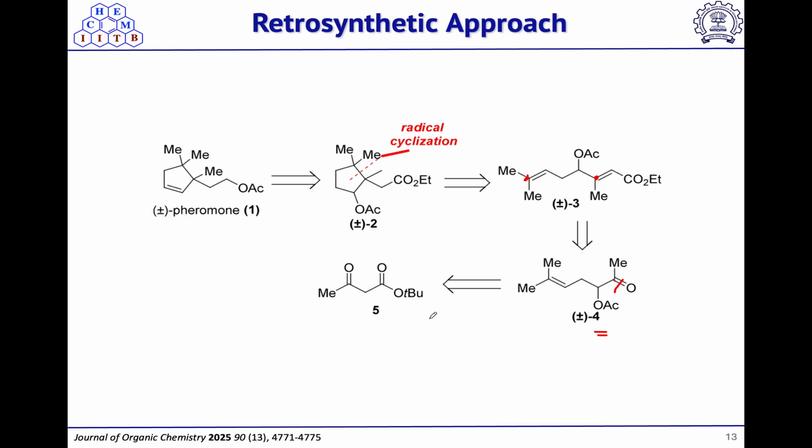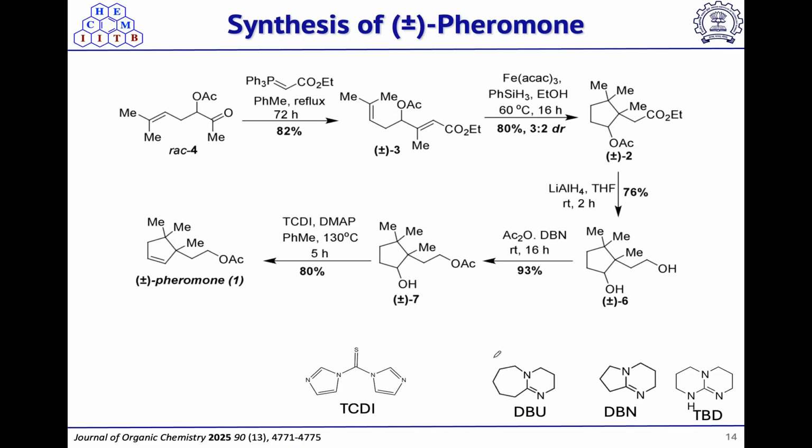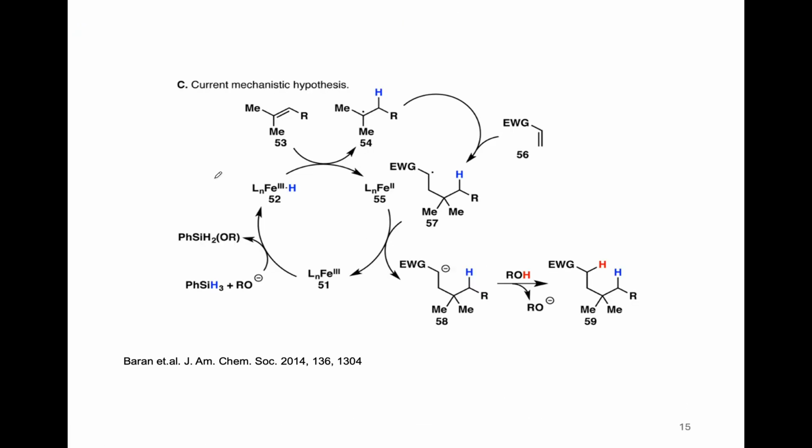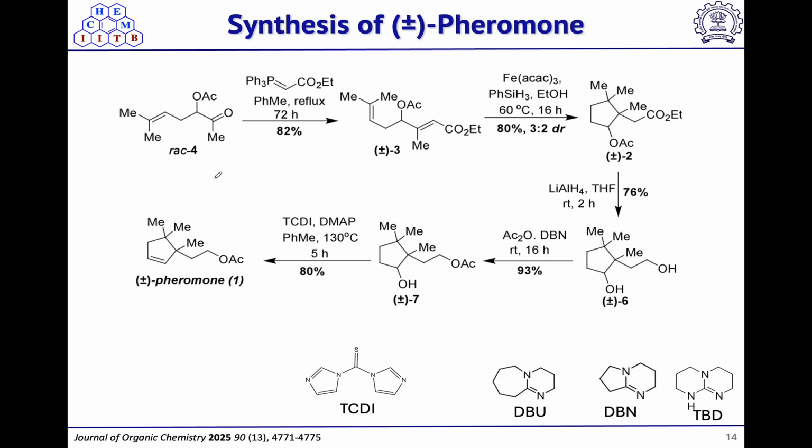Anyway, this compound 4 we could get from 5 via tert-butyl acetoacetate. This is a commercially available compound. Anyway, we will start from this compound 4.